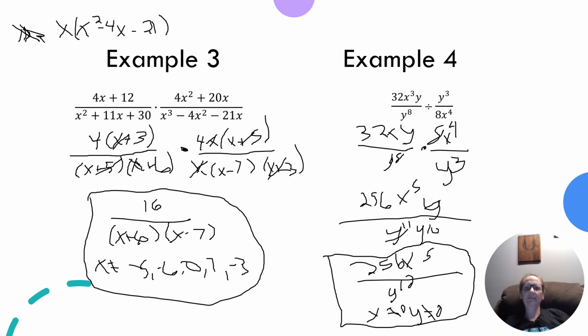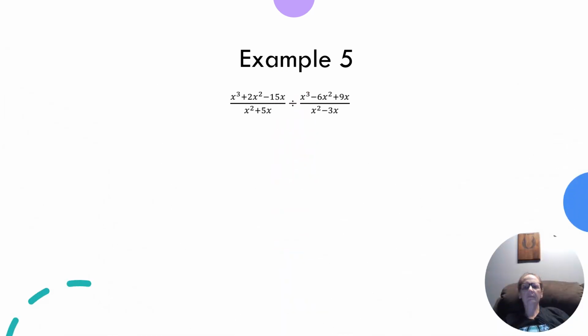As you have to deal with this division problem. All right, our final example is a division problem again. So again, this top fraction over here has a common x, so I'm just going to pull that out.